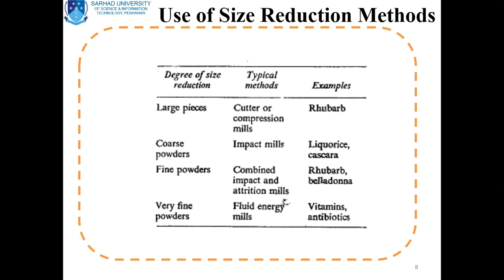Typical methods are used, for example, for rhubarb large pieces, similarly licorice or cascara for coarse powder, fine powders of rhubarb and belladonna, and very fine powders of vitamins and antibiotics. This is explained in the table.